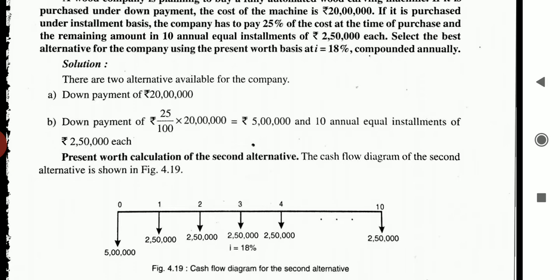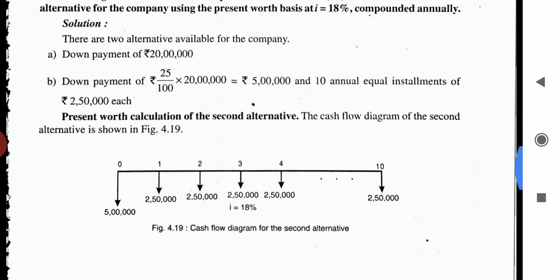If he pays 25% of the machine cost as down payment, that is nothing but 5 lakh, and 10 annual equal installments of rupees 2,50,000. See here, 5 lakh is the down payment, the amount he has to give, that is nothing but an outcome.